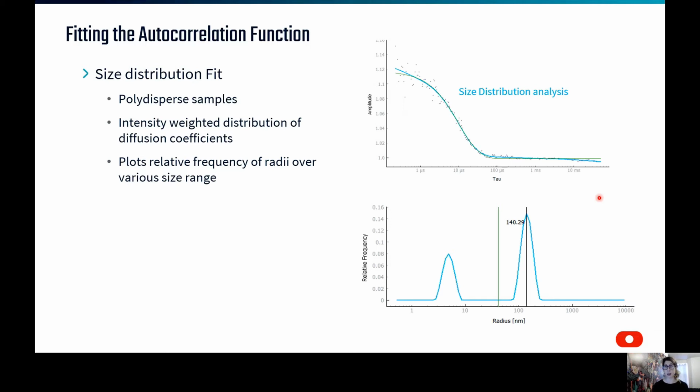And since it doesn't assume a certain type of distribution of the diffusion properties, it's more suitable for polydispersed systems. So we can see in the top the raw data, which is fit by the size distribution fit in blue, and in the size distribution plots on the bottom right, the radii are displayed as the blue peaks that correspond to different population sizes.